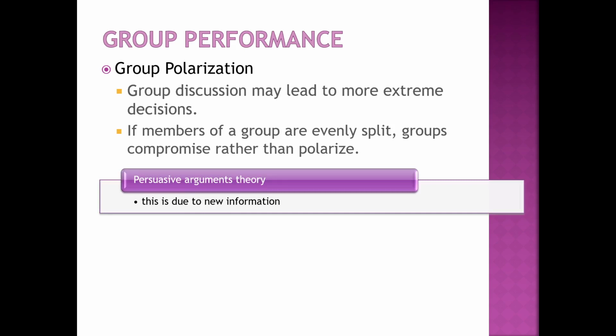So how can we make it more likely that compromise will occur? Persuasive arguments theory says that the reason an even group compromises is that they are more open to new information, because they realize I can't just force my opinion on the entire other side.